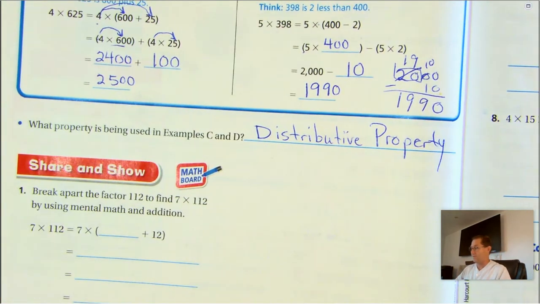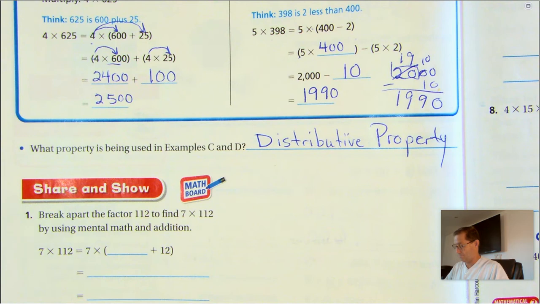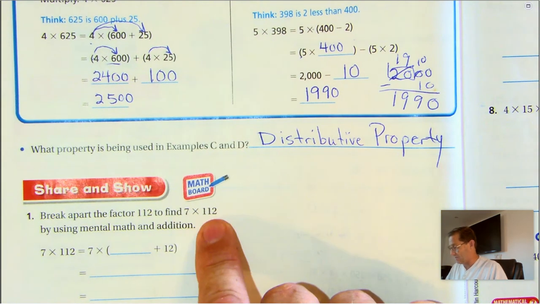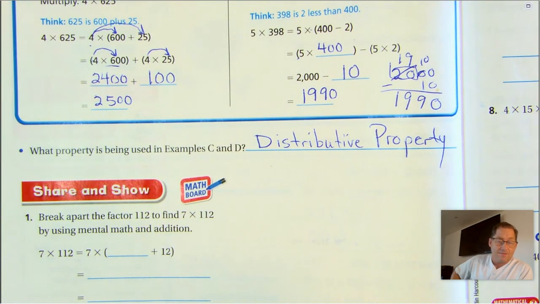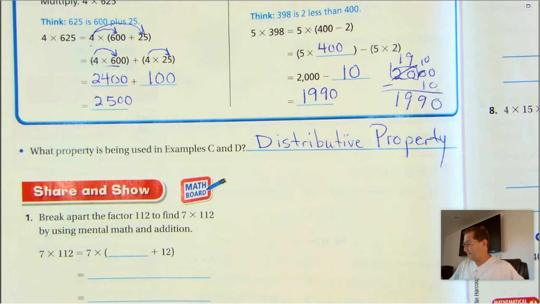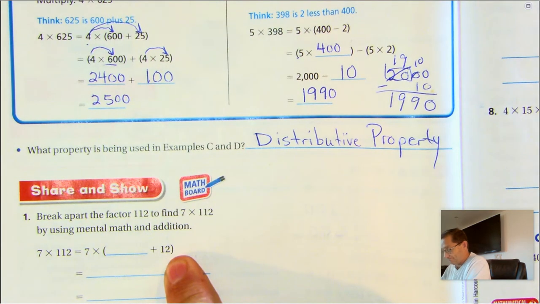Okay, so now we're going to move on to number 1. Break apart the factor 112 to find 7 times some number plus 12. I'm sorry, to find 7 times 112 by using mental math and addition. So they want us to use 12.